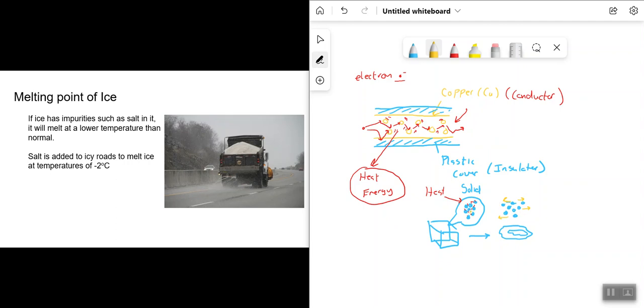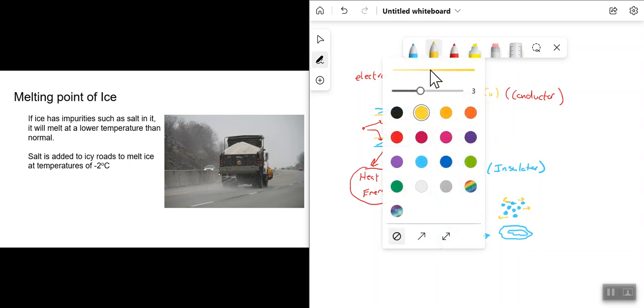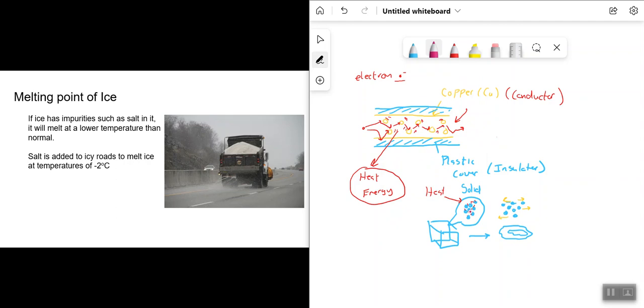So what are some of the things that you can do? You can actually take substances and put them into the ice, like salt, for example. Imagine these are really tightly packed water particles. If we can get these to move away from each other, then it's going to go from a solid into a liquid.